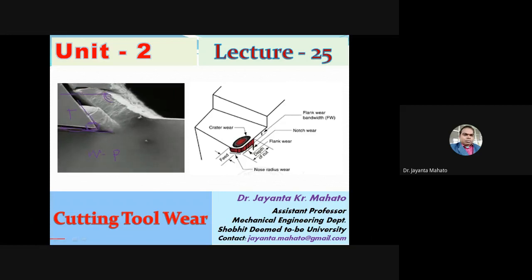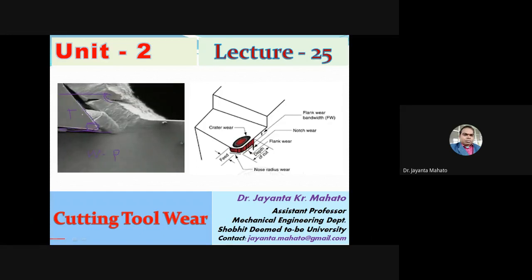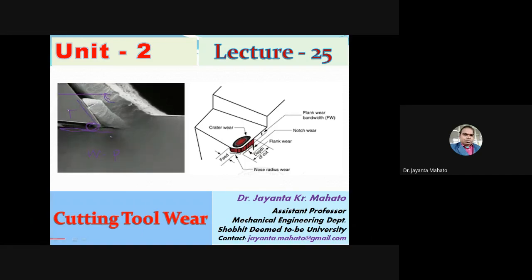Sometimes some chips will stick on this surface, and when these chips are removed from the surface, then some cavity will form on the top surface of the tool. Due to the contact between these chips and the tool, there is a chance of getting wear.